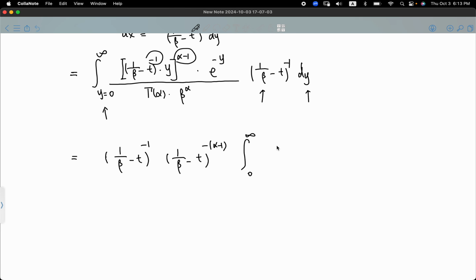So what we are left with, or the remaining parts, is y to the alpha minus 1, and then e raised to the power of negative y, and then the normalizing constant. Okay, does this equal 1 or not? Think about it.